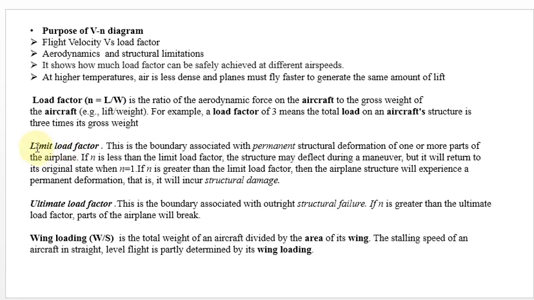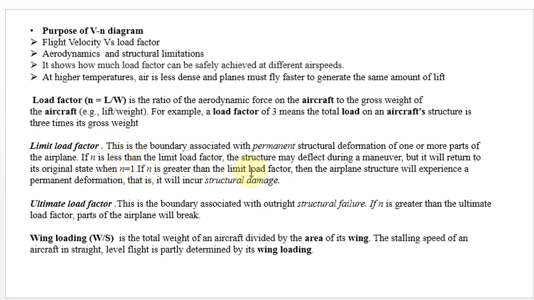The next parameter, the limiting load factor. It's like a boundary associated with permanent structural deformation of one or more parts of an airplane. If n is less than the limit load factor, where n is the load factor, the structure may deflect during a maneuver, but it will return to the original state when n equals 1.